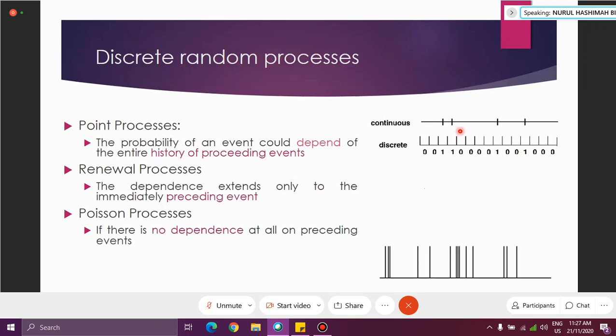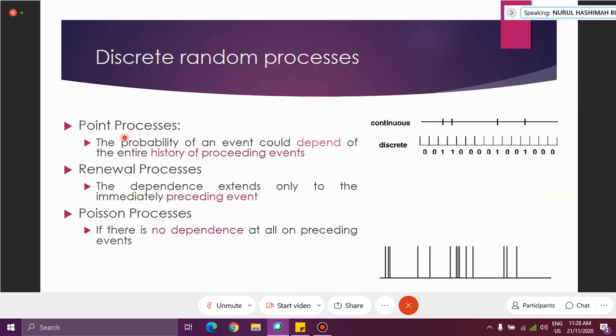What you need to know is about the discrete random processes involved in interpreting spike patterns. It is whether it's a point process, renewal process, or Poisson process. Point process is when the probability of an event could depend on the entire history of preceding events. A renewal process is where the dependence extends only to the immediately preceding event.